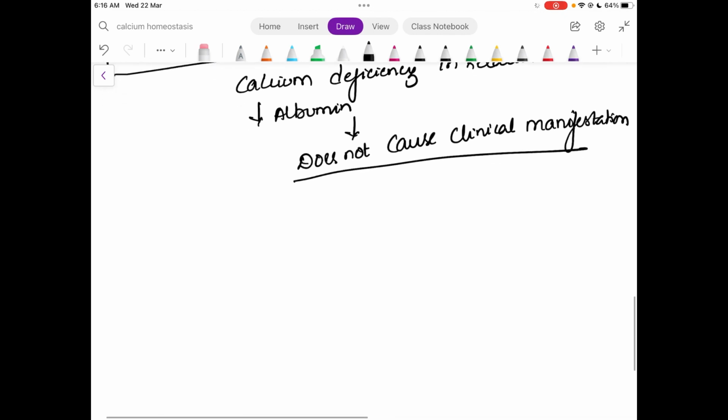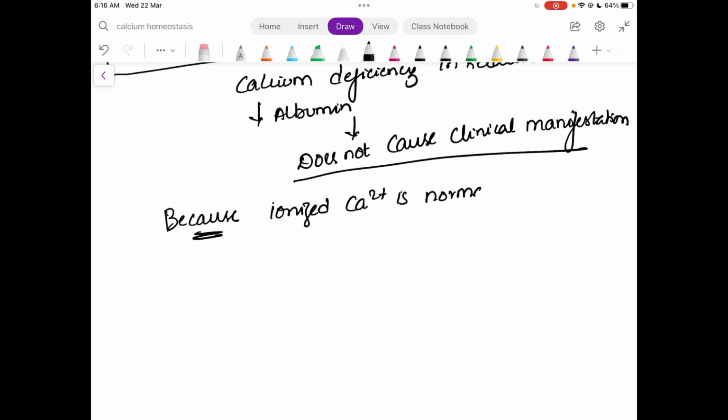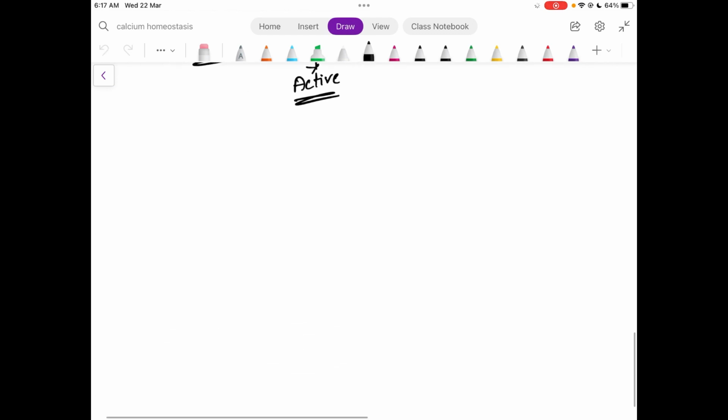Why doesn't it cause any clinical manifestation? Because ionized calcium is normal, and this ionized calcium is an active form which causes metabolic functions to function. That's why we don't see any clinical manifestations with the decrease in calcium levels when albumin is decreased.